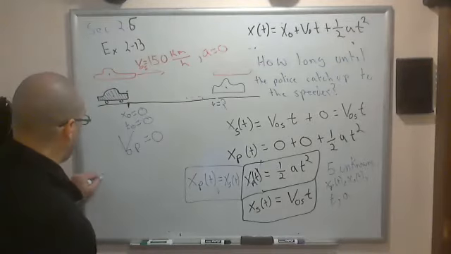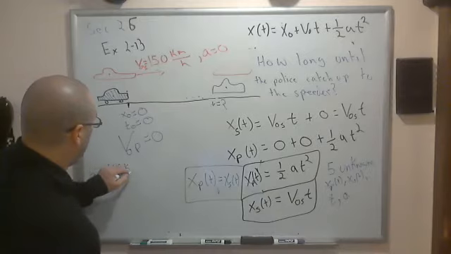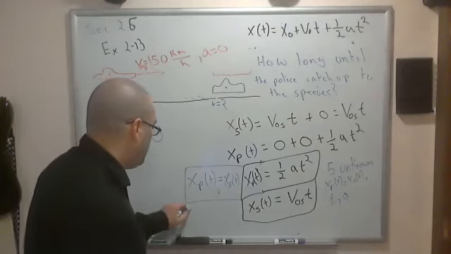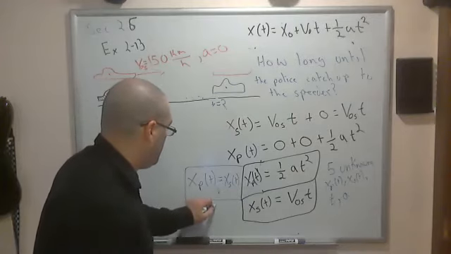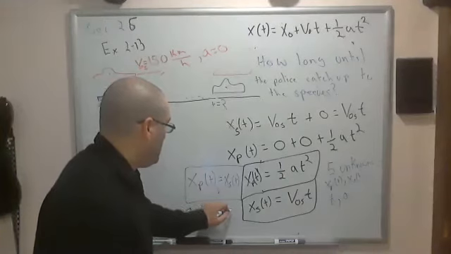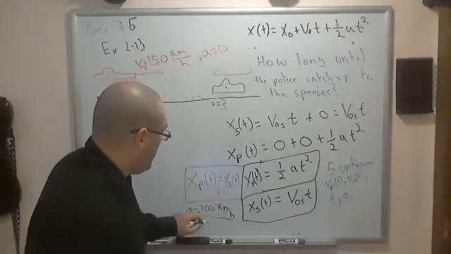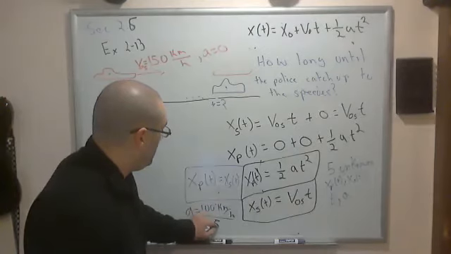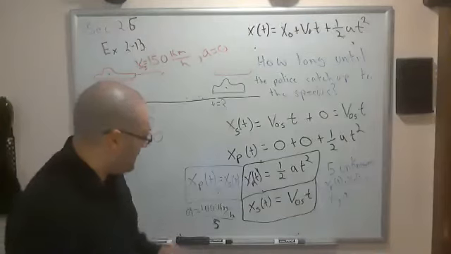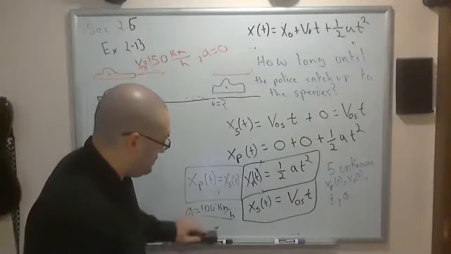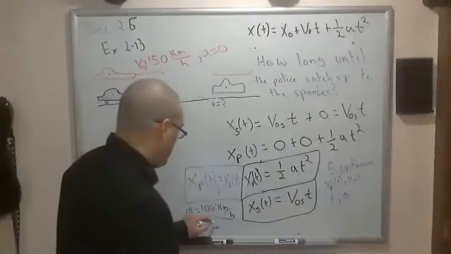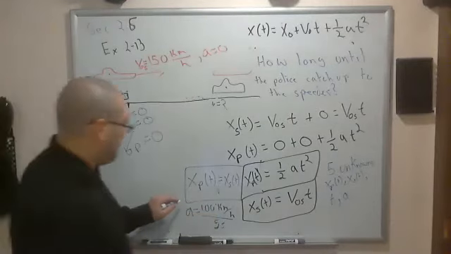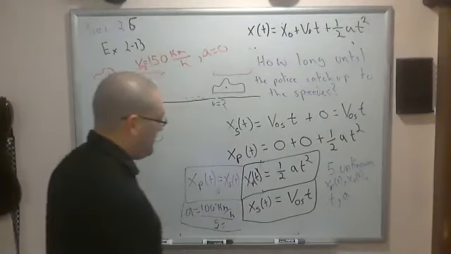So what we say as our 4th equation, we just estimate it, right? 100 kilometers per hour in 5 seconds. This is the velocity in 5 seconds. This is our 4th equation.